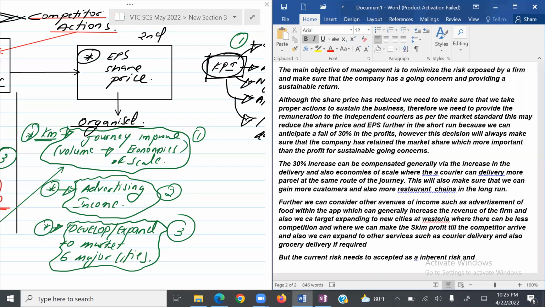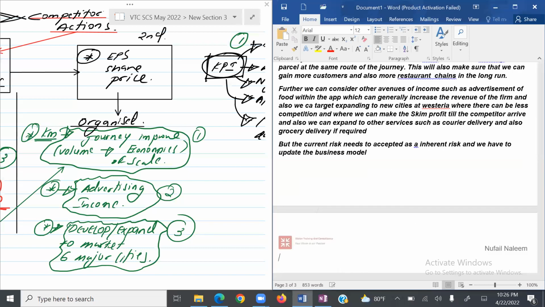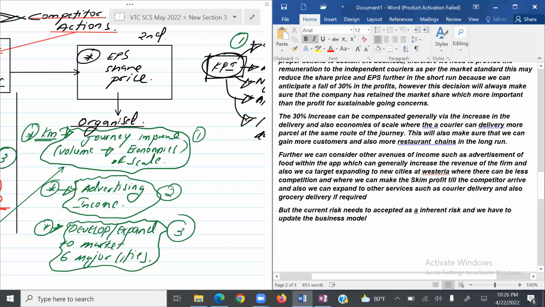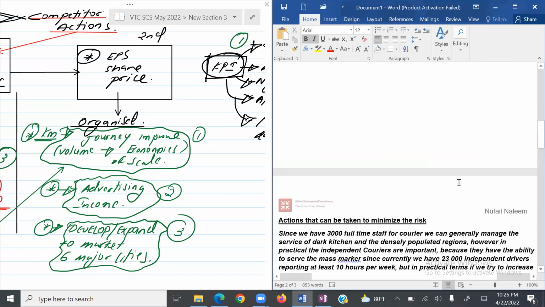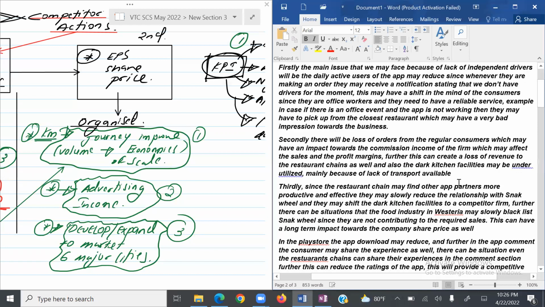And we have to update the business model. Stop. Students, this is the answer we have done. So I think what we have learned today, more than the answer, is prioritization.